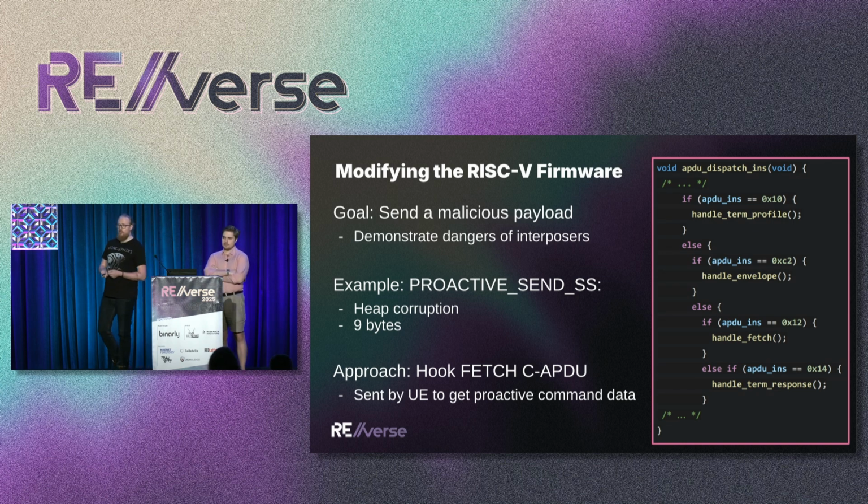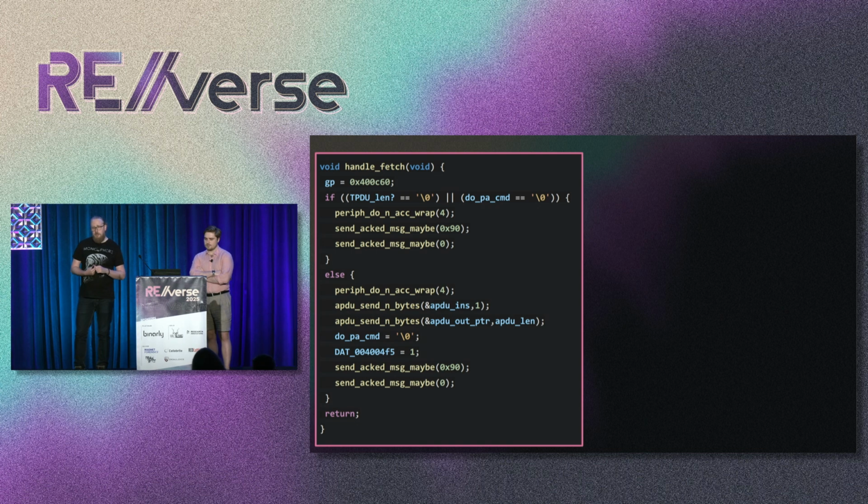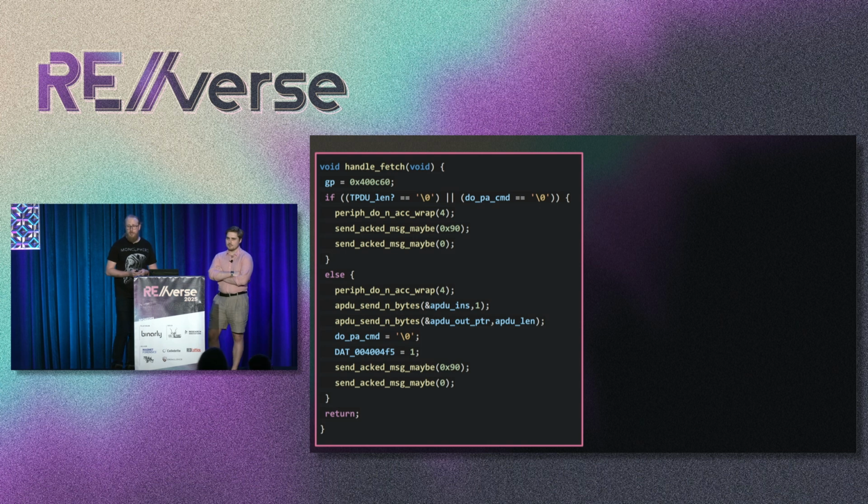So we thought we just override this functionality. This is what the handle fetch in the firmware looked like after reverse engineering. So it starts checking the TPDU length and if a proactive command currently needs to be dispatched. And if everything looks right, it sends out the APDU instruction and the APDU itself.